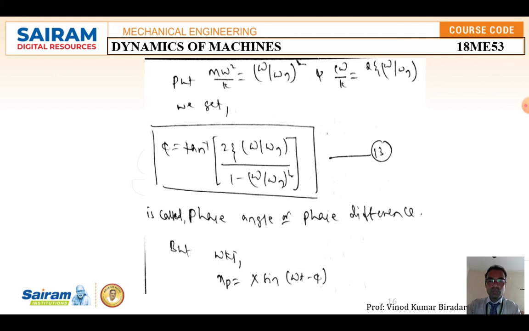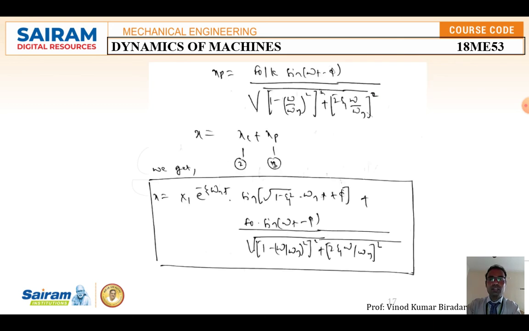Now we know that xp is equal to x of sin(omega t minus phi). That is, xp, the particular integral function, is F naught by k sin(omega t minus phi) divided by square root of (1 minus (omega by omega n) whole square) whole square plus (2 zeta omega by omega n) whole square. We know that the complete solution is x equal to xc plus xp.